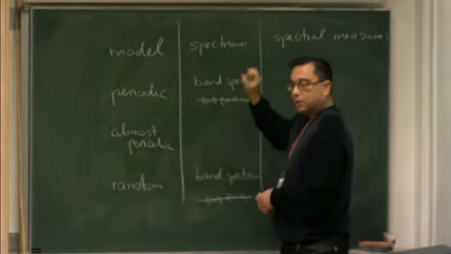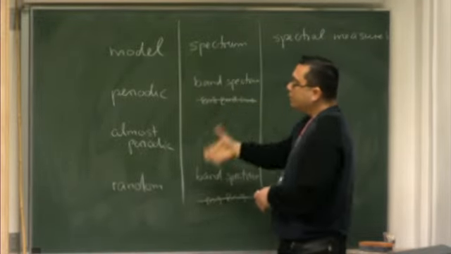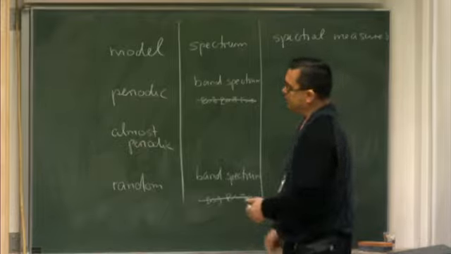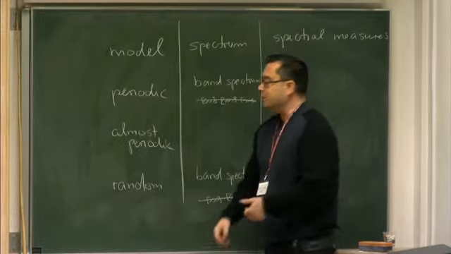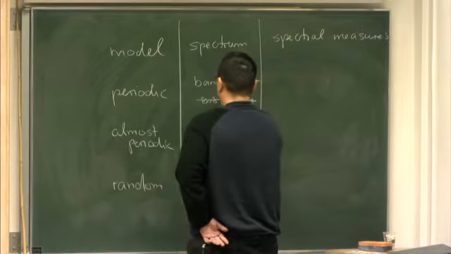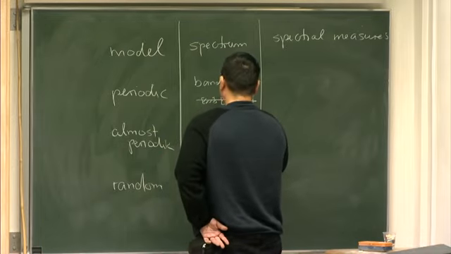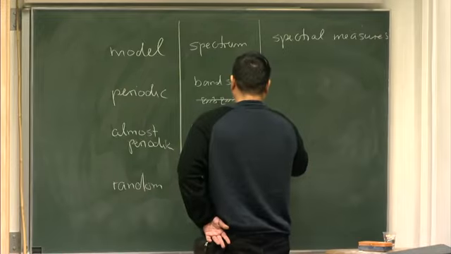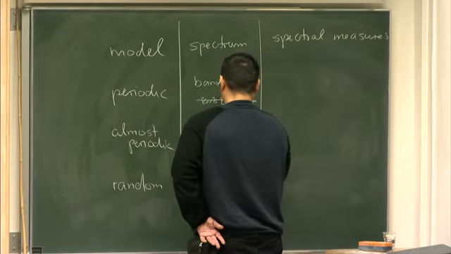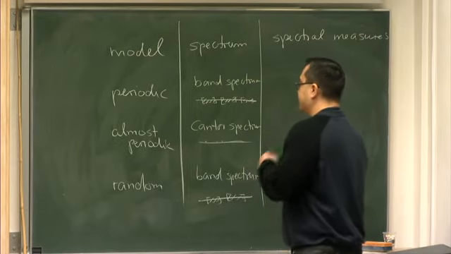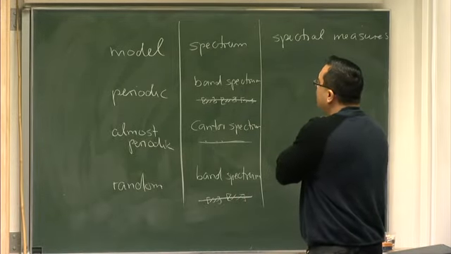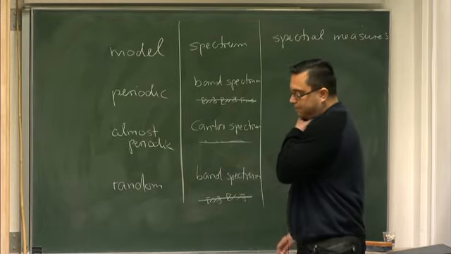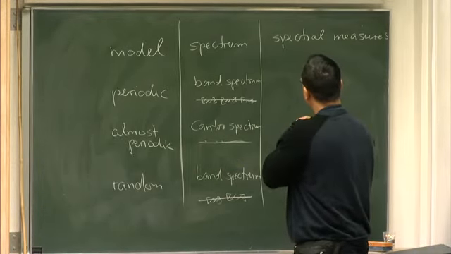In fact, you can observe this also for non-periodic almost periodic cases, but it's a non-generic phenomenon. So generically, you actually have Cantor spectrum. It's a bit more difficult to draw, but basically the spectrum is nowhere dense.